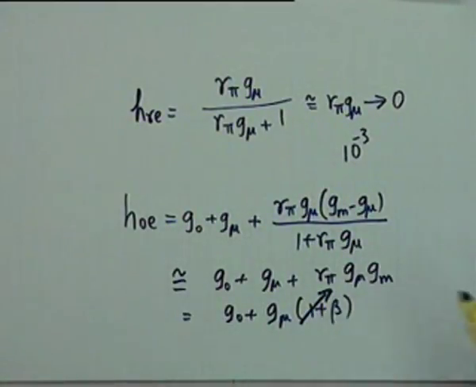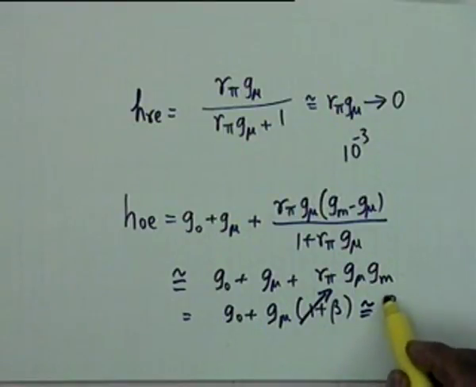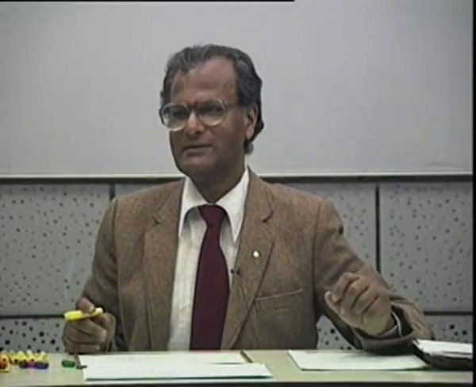This 1 can be ignored, and G mu beta, G mu being a very small quantity, can also be ignored. Therefore ultimately it is approximately G0, which is the inverse of the Early resistance.